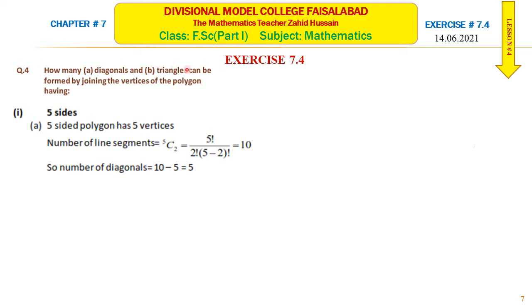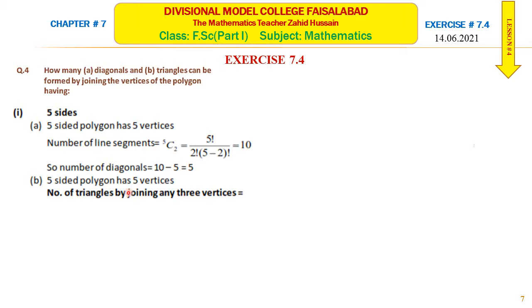Now in part B you are asked to find the number of triangles. We know that when 3 vertices are joined, we join 3 points, we get a triangle. Now there are 5 vertices of a 5-sided polygon. So we will take 3 out of 5 at a time.